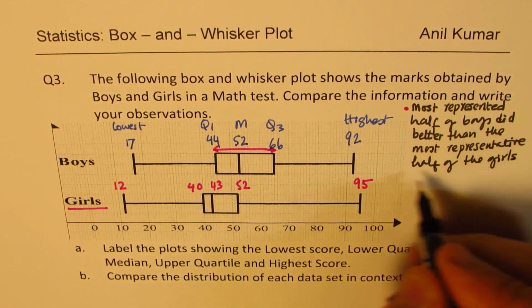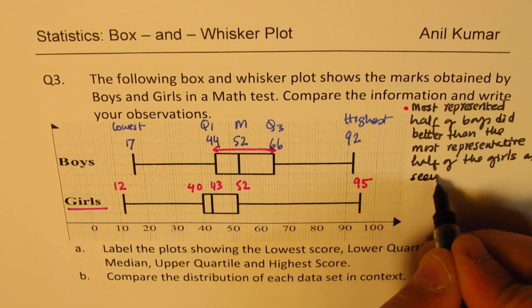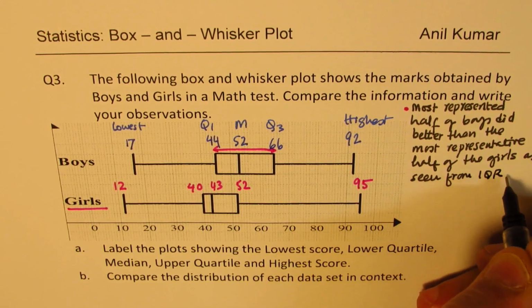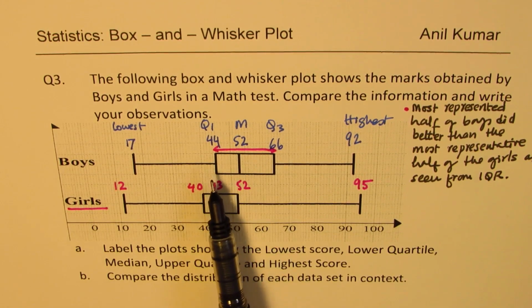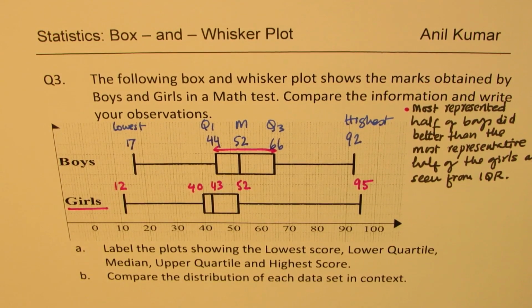Right? So that is as seen from interquartile range. Right? So from interquartile range, you can clearly see that most of the boys, they did far better. This half did far better, and it's on the right side, right? So that is why it is far better. Correct?